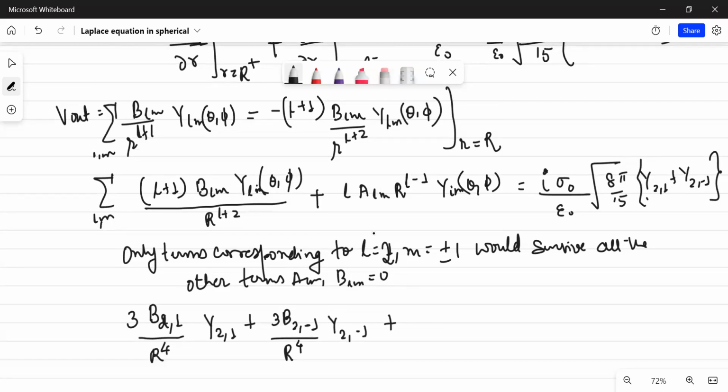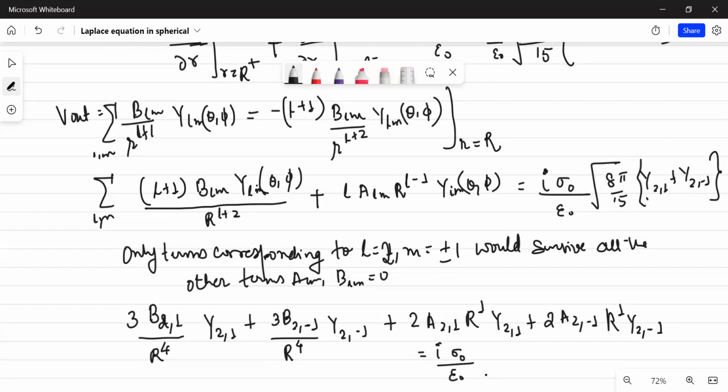Again, if I write L equals 2 here, it will be A 2 1 R raised to power 1, and this will be Y 2 1, and then 2 A 2 minus 1, and again this will be R raised to power 1, and then you have this Y2 minus 1. I hope it is clear. And this is all equated to iota sigma naught upon epsilon naught root over 8 pi upon 15, and then you have this Y2 1, and then you have Y2 minus 1.